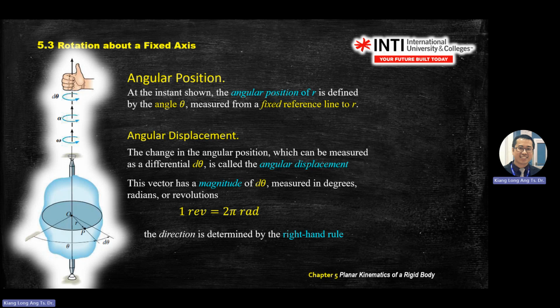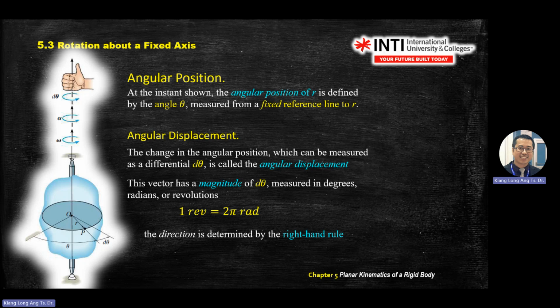I will not go very deep into derivation. You can look at the derivation when you are free. What I want to highlight, this is from the particles chapter. When you translate into rigid body, you start to see theta, omega, alpha. This theta is a change of angle.